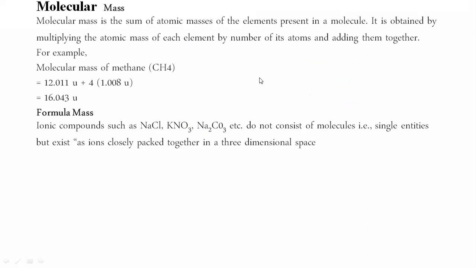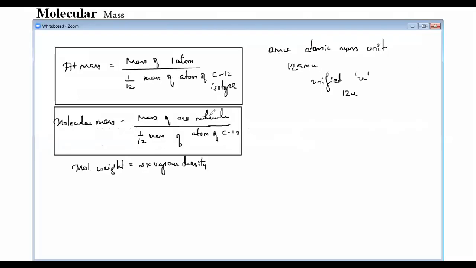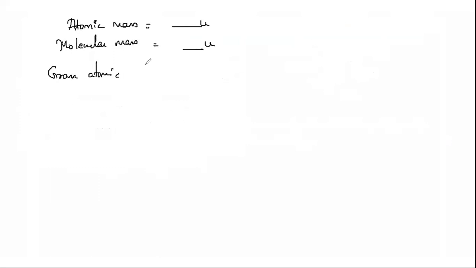When the term gram comes, remember here: when they say atomic mass, you write the answer and mention the unit U. Molecular mass, sometimes abbreviated as molar mass also, write the answer and say U. Gram atomic mass, you write the answer and say grams. Or gram molecular mass. So you have to be very careful what is being asked. You write the answer and say grams.